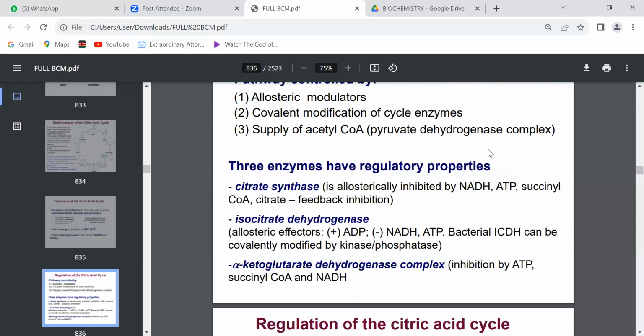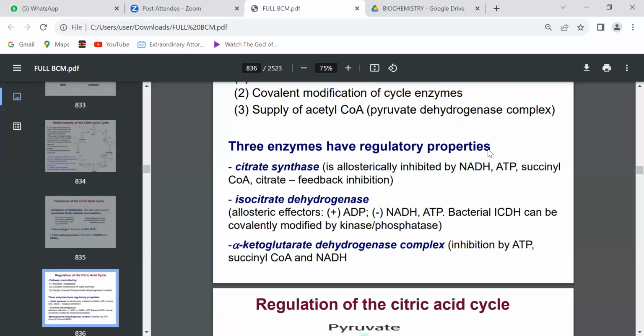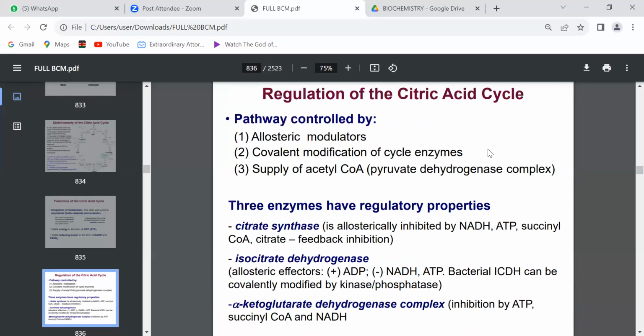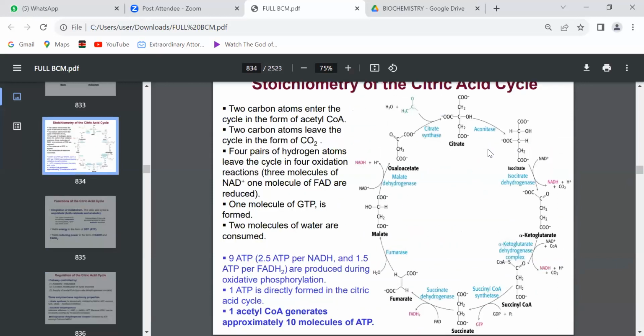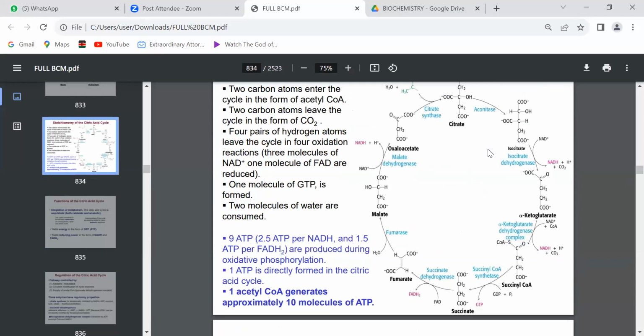Alpha ketoglutarate dehydrogenase is inhibited by ATP, succinyl-CoA, and NADH. This enzyme is involved in the conversion of alpha ketoglutarate to succinyl-CoA.